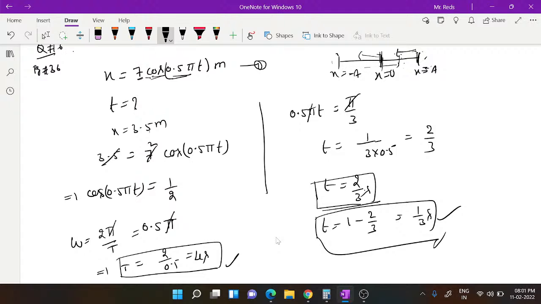Okay. Acceleration of a particle in SHM is 0.8 meter per second square. Then its displacement is 0.2 meters.